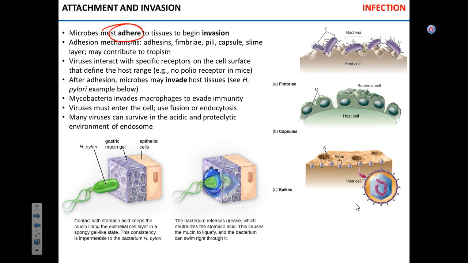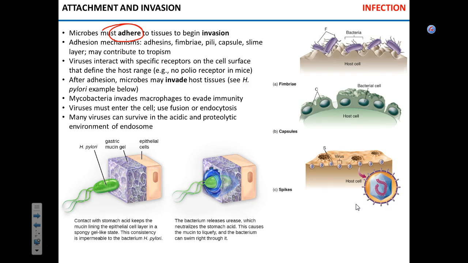are a couple of external appendages that can do it. It's fimbriae and pili. There are also proteins called adhesins that mediate the process as well. And anything that facilitates bacterial adhesion to the tissue, and let's be honest, we focus on clinically important bacteria, anything that facilitates adhesion can be considered a virulence factor.